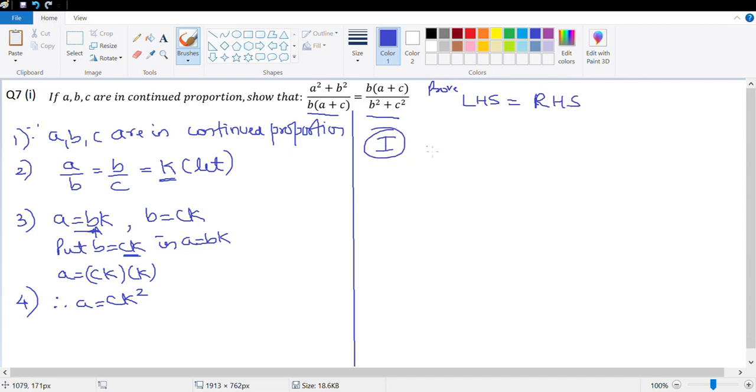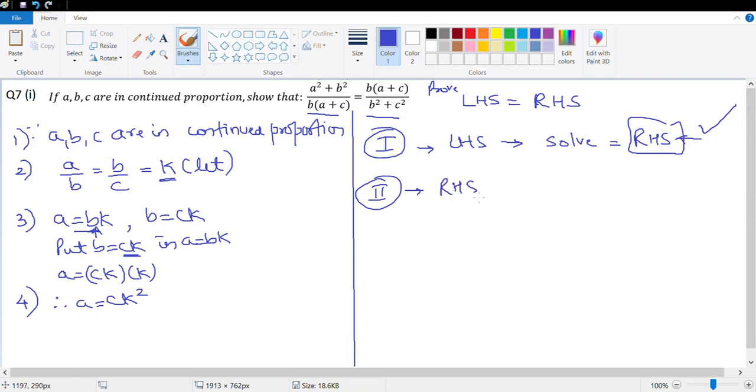Option 1, you work with left hand side, solve it, and the value comes equal to right hand side. That's the approved method. Next, instead of left hand side, you start working with the right hand side, you solve it, and you get it equal to left hand side. This method is also approved.